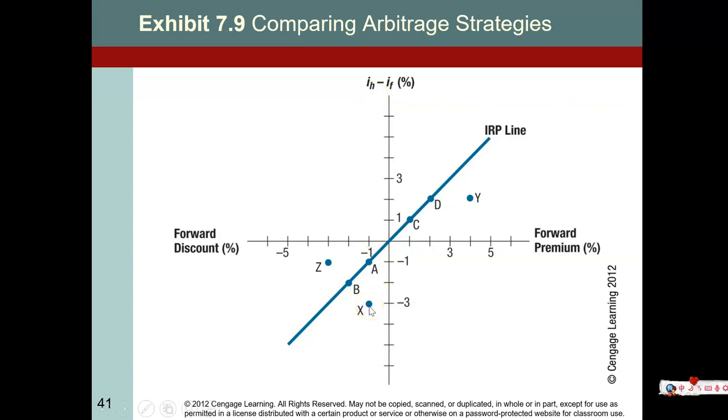For point X, both the discount P and IH minus IF are negative, but again, P is larger than IH minus IF. For Z, P is smaller than IH minus IF.